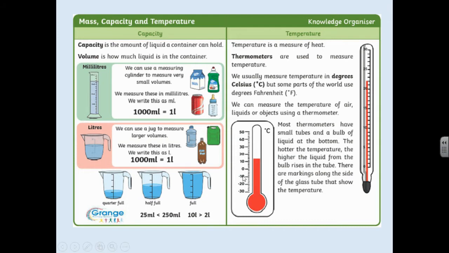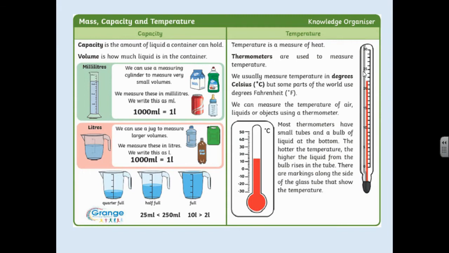So we use a measuring cylinder to measure very small volumes, and we use milliliters as a measurement, or we use a jug to measure larger volumes and we use liters. We came across different amounts of liquid in jugs, where it was quarter full, half full, full, nearly full, slightly filled.